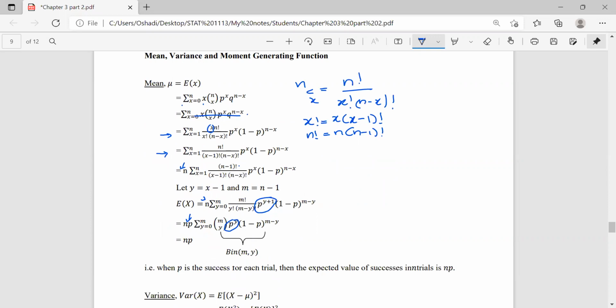So this is the expression of the binomial distribution with m trials and y successes, right? Since we are taking the summation here, this whole part is equal to 1.